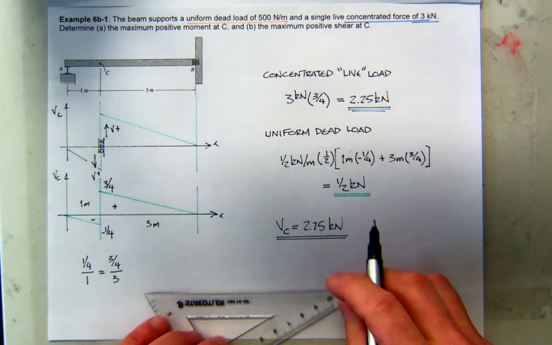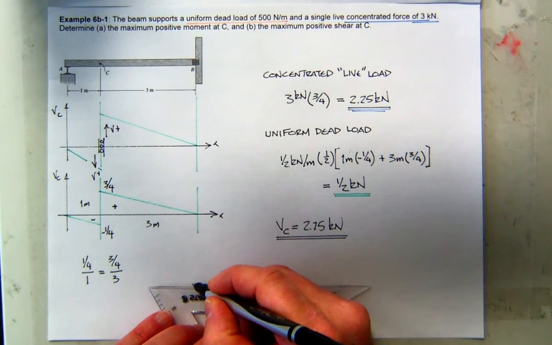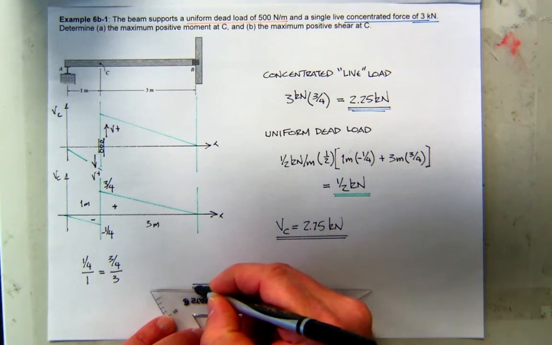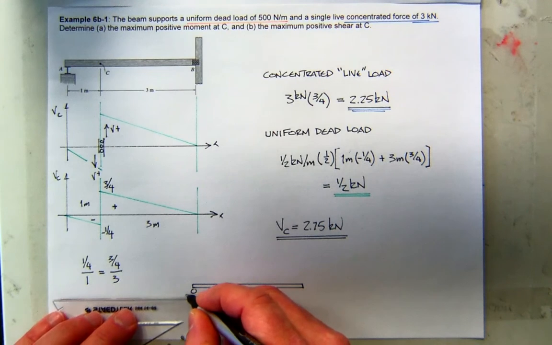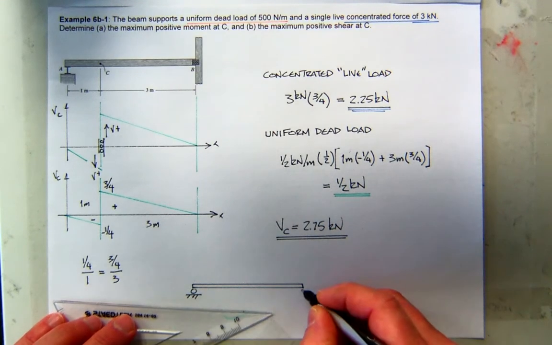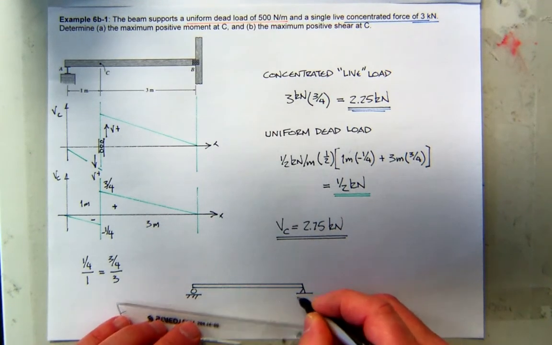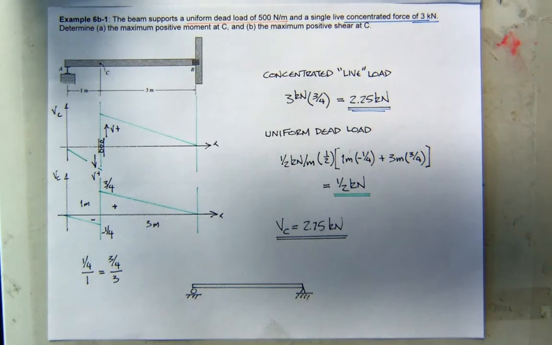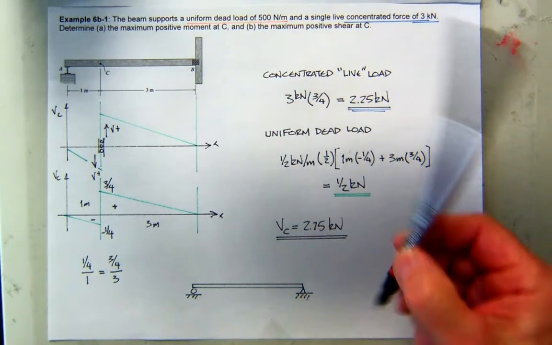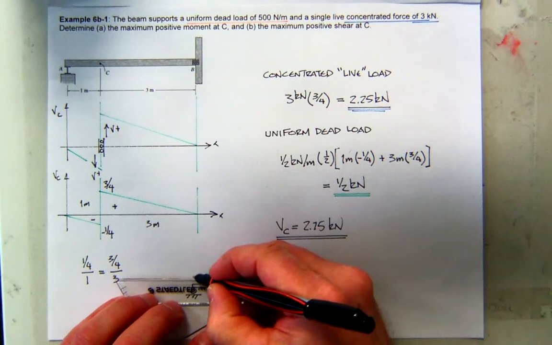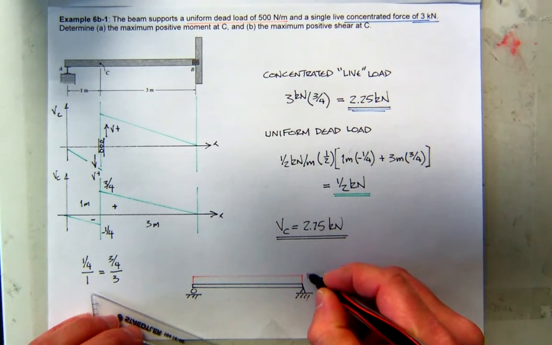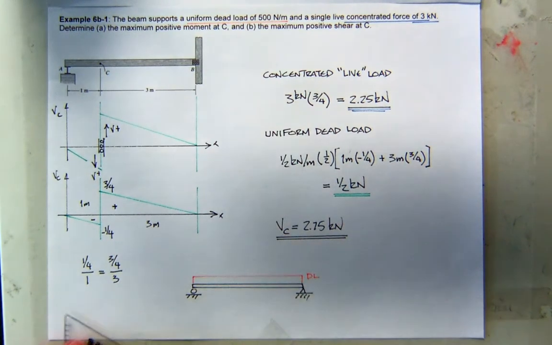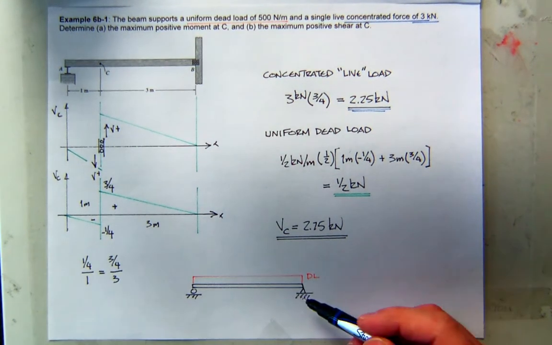Now, just so you can see this, I'll redraw the beam. A was a roller and B was a pin. And the uniform dead load really is applied over the whole beam. So there's the dead load. And then the live load is where?